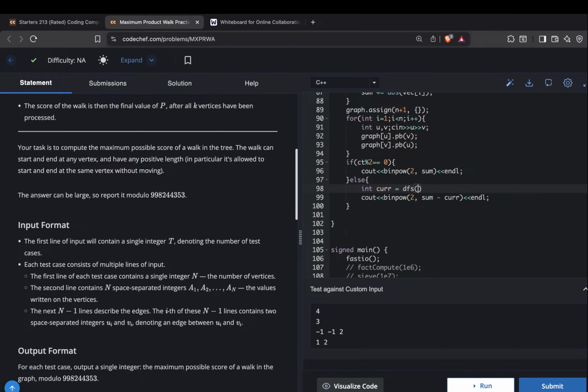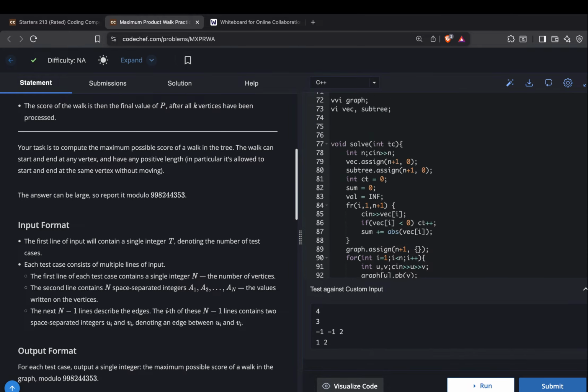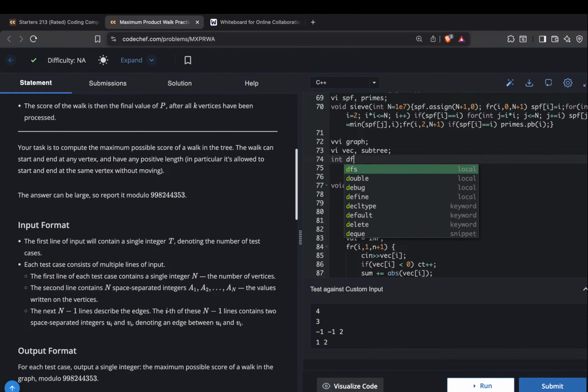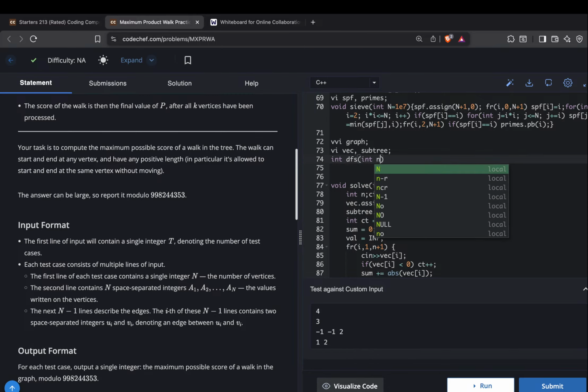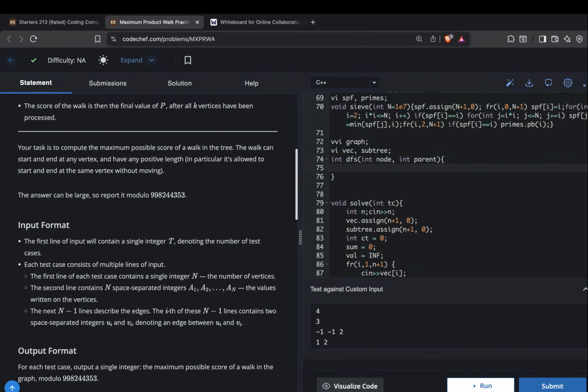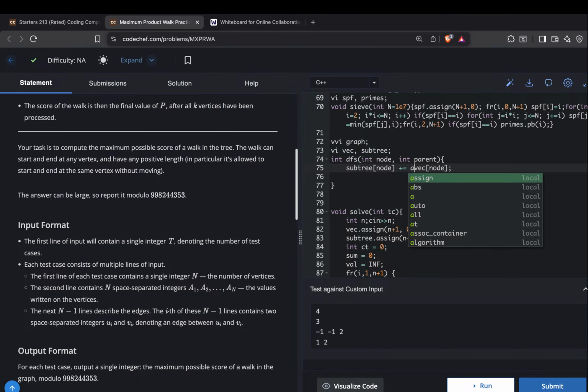We will calculate it using DFS. Let's understand it. Create a DFS. Assign the subtree now. Now we want the minimum amount of value to be deleted.